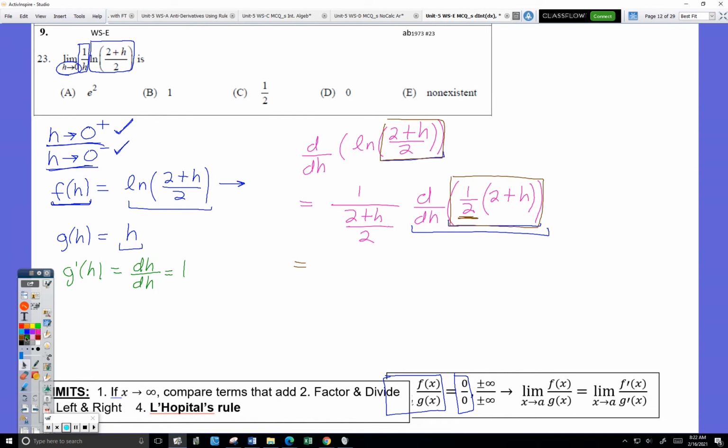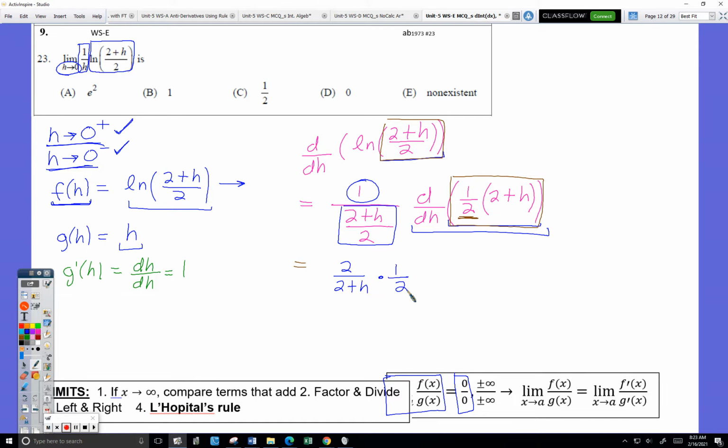Okay, 1 divided by a fraction is the same thing as 1 multiplied by the reciprocal of the fraction. So this will become 2 over 2 plus h. That 1/2 is a multiplying constant, so it just comes out.